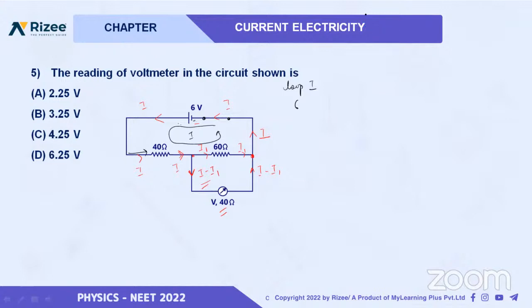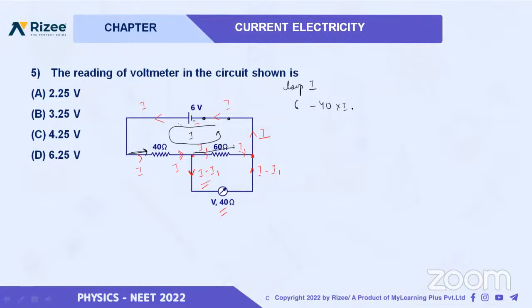Moving in the direction of current, by our convention it will be minus 40 into I. Now from here, it is 60 ohm.